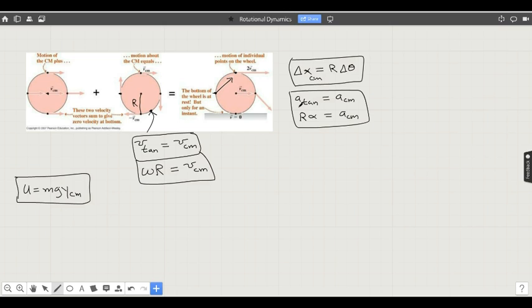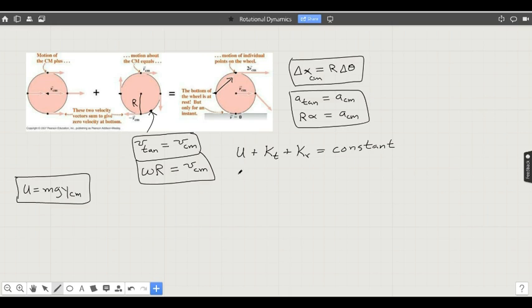Now we can include all these things together to get one conservation of energy equation. And this is what that's going to look like. We have potential energy, we talked about that right here, plus kinetic energy. Include both energies here, so translational plus rotational, and that's going to be constant. And remember, you can pick different points in time to measure these.